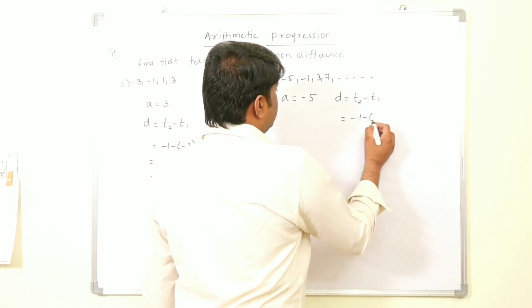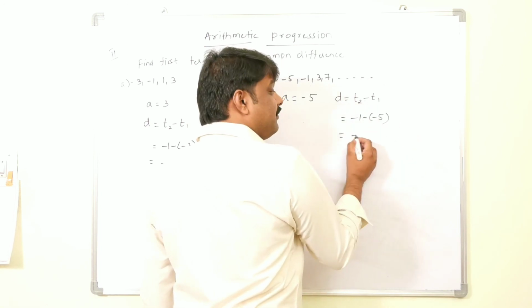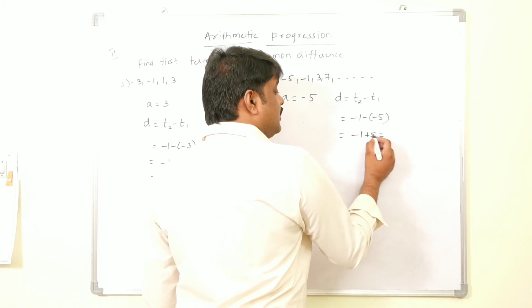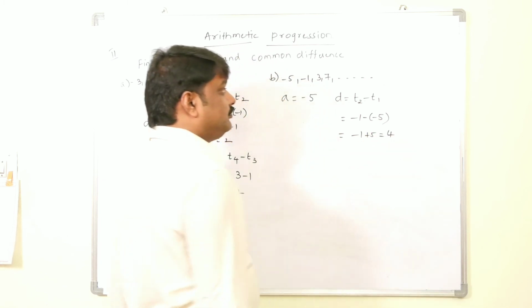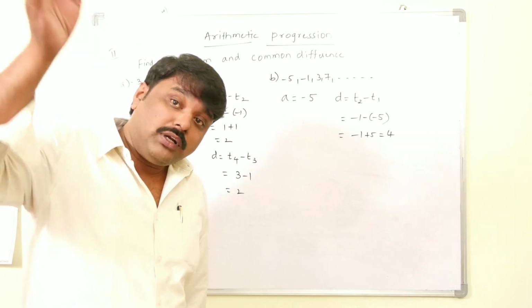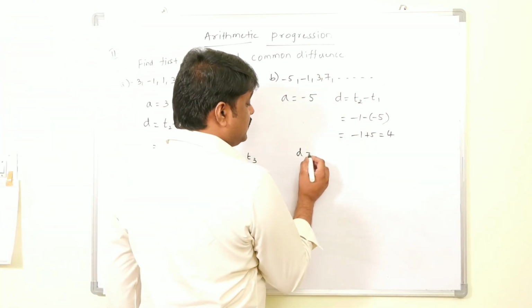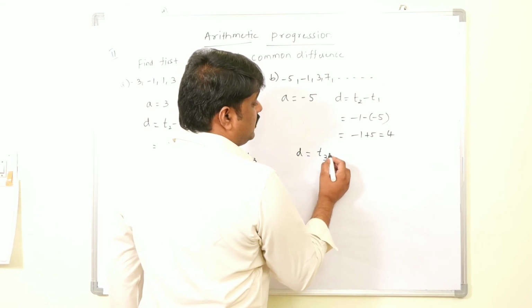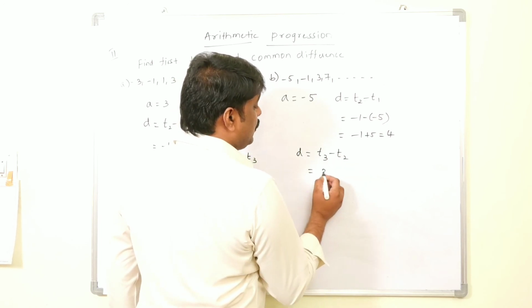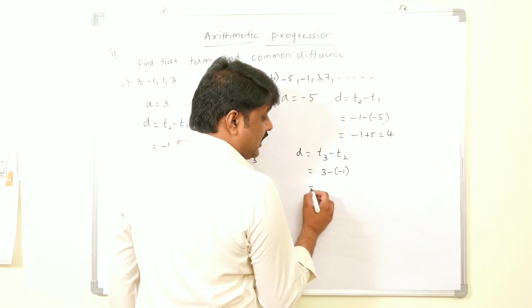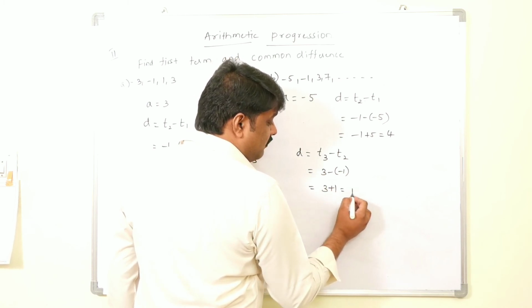T2 is minus 1, minus of minus 5, that is 5 minus 1, it is 4. If you have doubt again, you can go for the next two terms, that is D equals T3 minus T2, 3 minus of minus 1, 3 plus 1 which is 4.